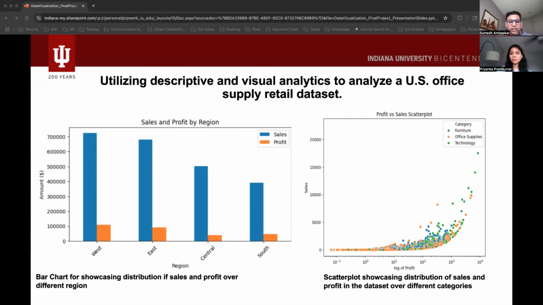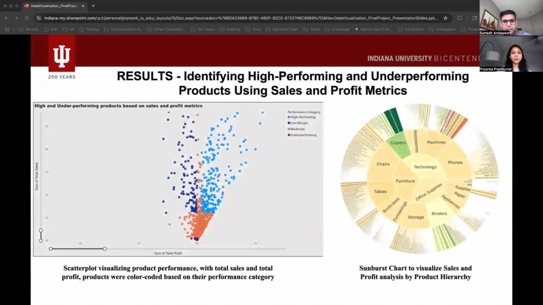We have also shown the same thing in another plot known as a scatter plot, where we segregate over the categories, where the technology sector has the highest sales and office supplies has slightly lower sales than technology. We demonstrate this using logs, as the data was spread across and had high variance. Moving to the next slides and handing over to Priyanka.